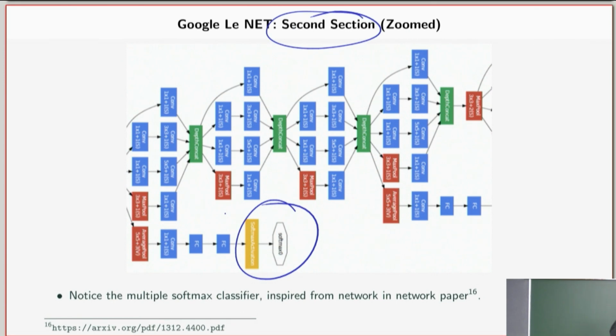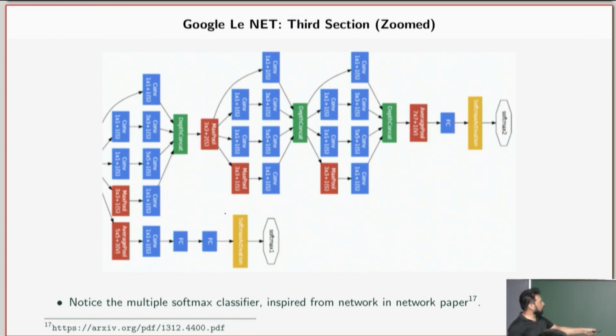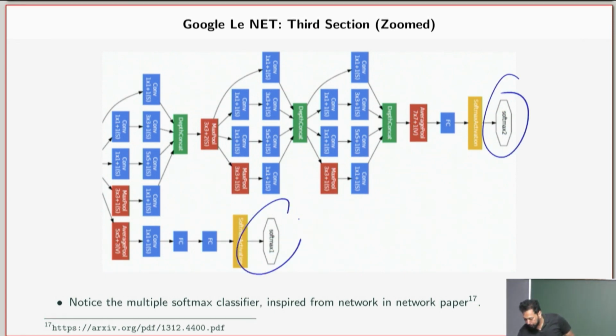So it's like they have added some local classifiers. If you see here, this is at the end, right? But here you have another softmax going on. So they have multiple classifiers. They want to see whether there is some interesting output already at the previous layers and so on.